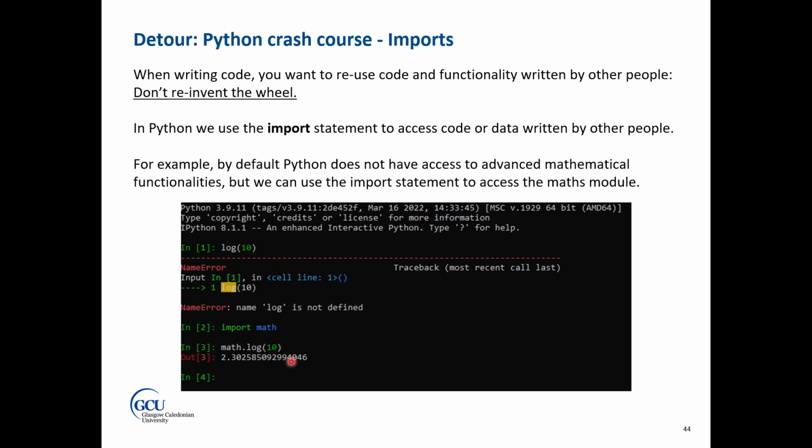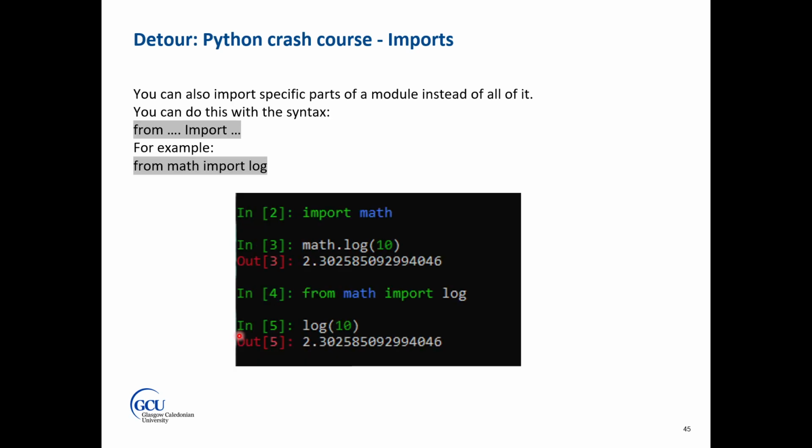By default, once we start working with the Python command line, it doesn't have access to logarithmic operations, but if we import the math module, you can get access to it. And you can do import math and import everything from the math module. So you have access to log, but also sine, cosine, tan operations, and many other things. You have access to everything.